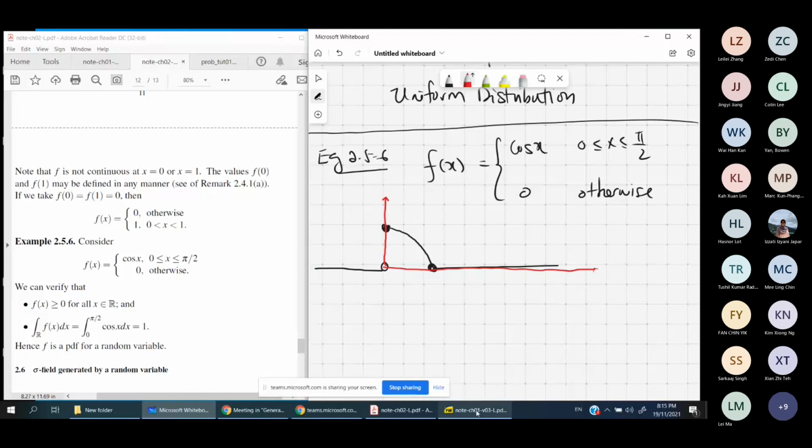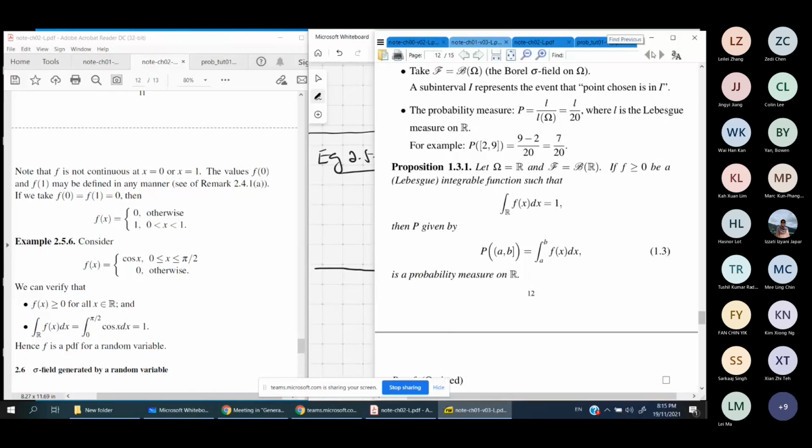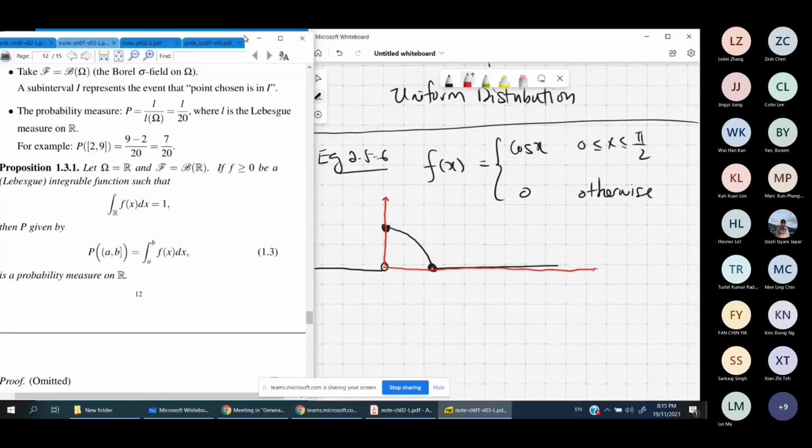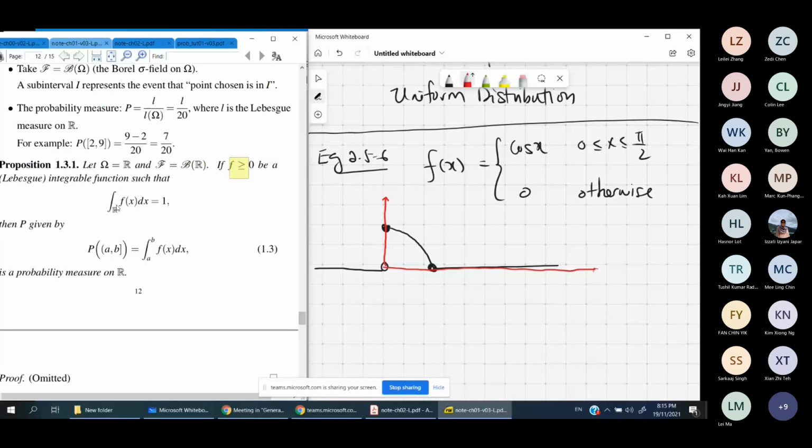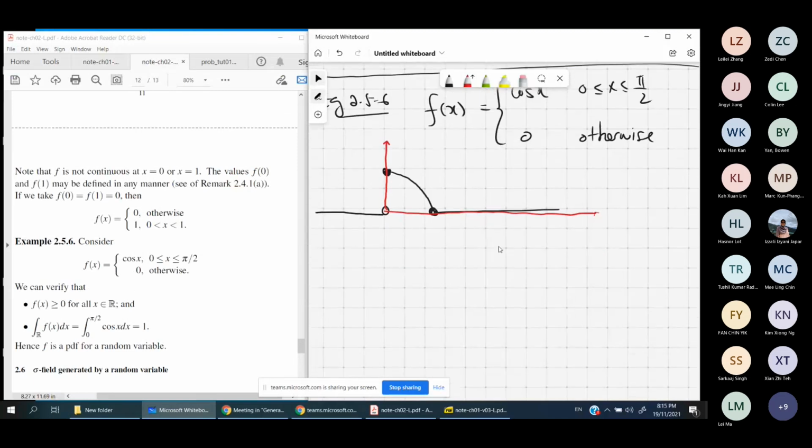Again, as I said, we have to verify and make sure our function fulfills these two properties. First of all, f must be greater than or equal to 0, and if you integrate over R, it gets value 1. Okay. So we verify it. First of all, I think it's clear, fx is greater than or equal to 0. If you look at the graph here, for any x.